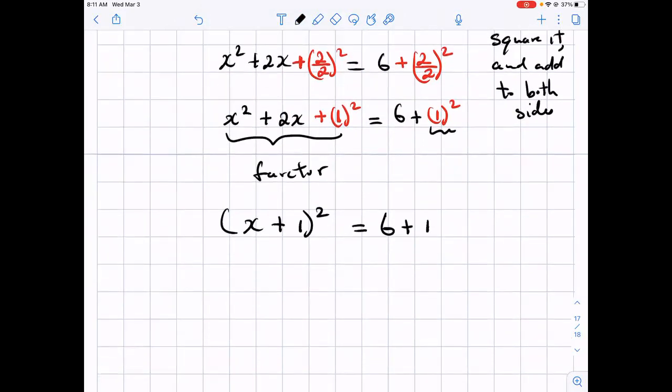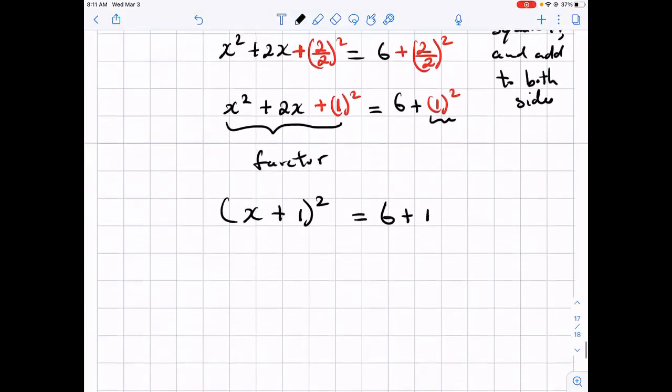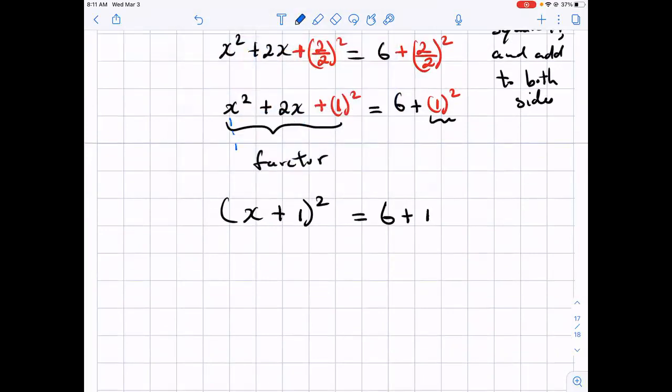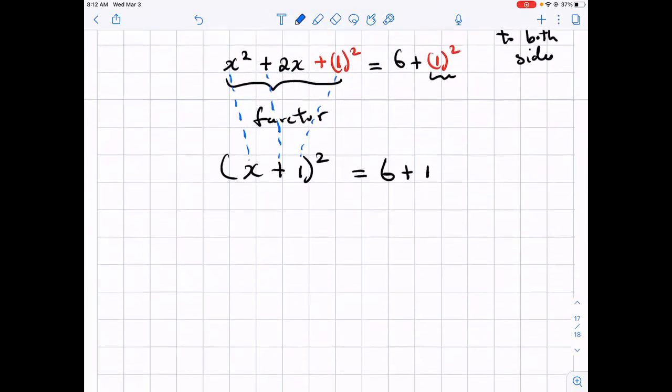Now, you will see later on what I do here. So basically what I'm doing is like a shortcut. I take the x, and that goes in my parentheses. I bring down that sign, and that 1 also goes there. And the square now goes on the outside of that. That's like a little shortcut that you will see will always work over and over again, right?